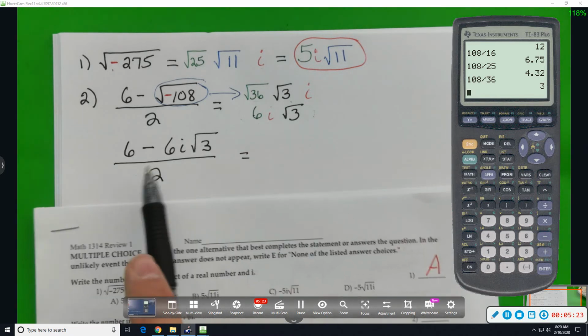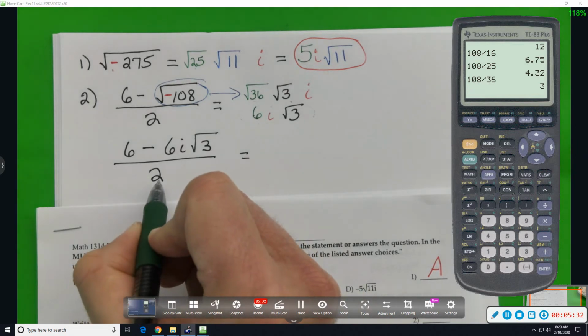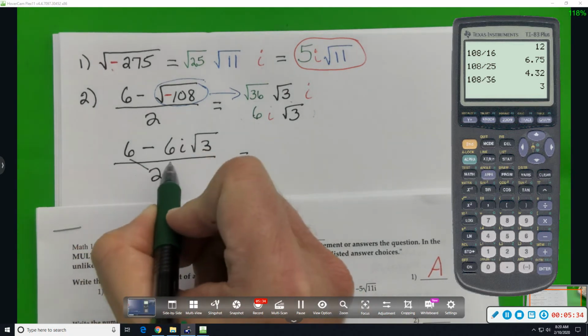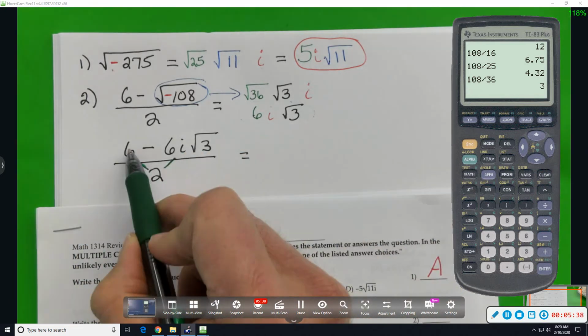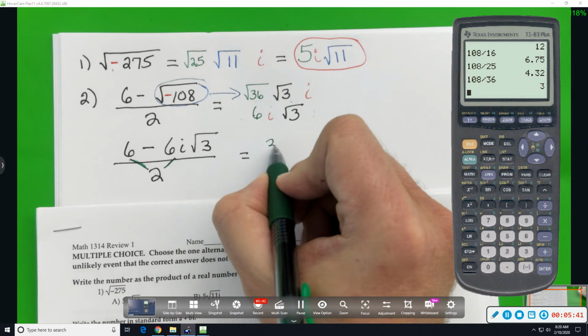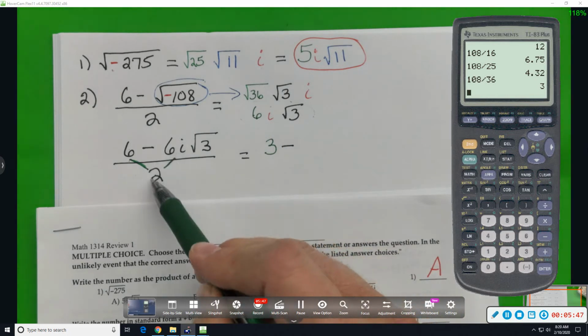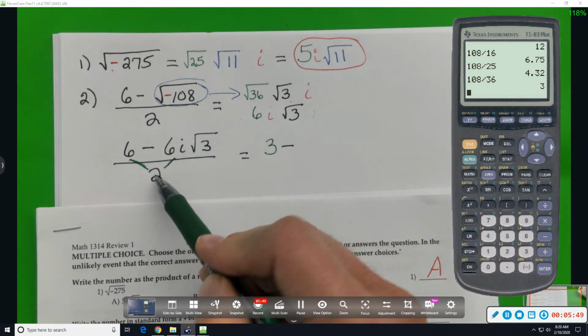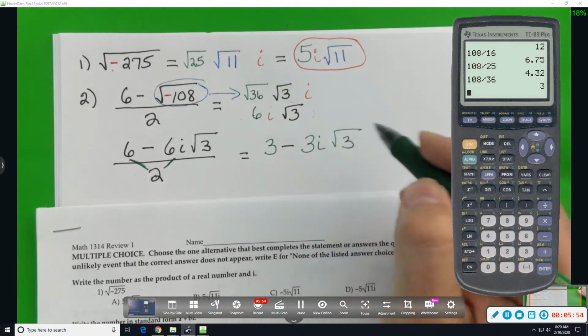Okay, notice this isn't listed as an answer, so we're not finished yet. How do we simplify this? Well, when there's just one number in the bottom, you've got to separate it. Okay, that's what those little marks mean. The 6 over 2 we could write as 3. Then a minus. The 6 over 2, another 3, i square root of 3.